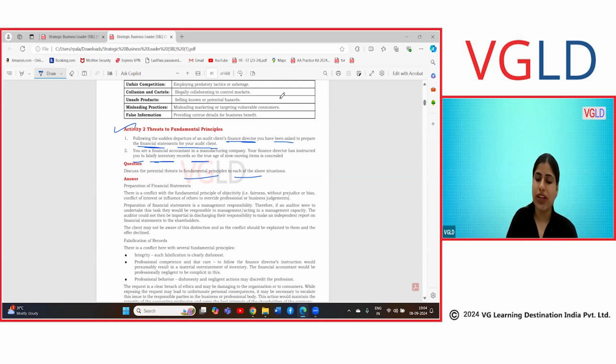So professional competence and due care have not been followed here. Correct. And next, being an ACCA member, what is expected from me is that I should not be involved in activities which could harm the image of the ACCA body. So this is not professional behavior. Correct?